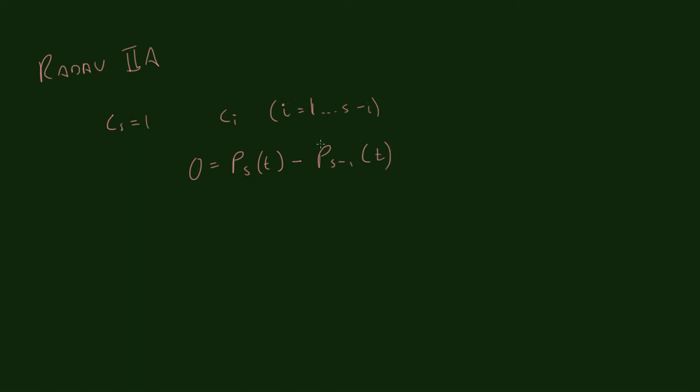Okay, so that's the difference. With the Radau 1A method, we chose C1 to be equal to 0, and the other values of C were chosen to satisfy Ps(t) plus Ps-1(t). With the 2A method, we choose the last coefficient, Cs, to be 1, and all the others satisfy Ps(t) minus Ps-1(t).